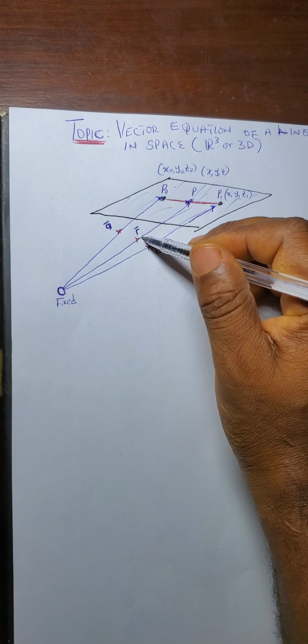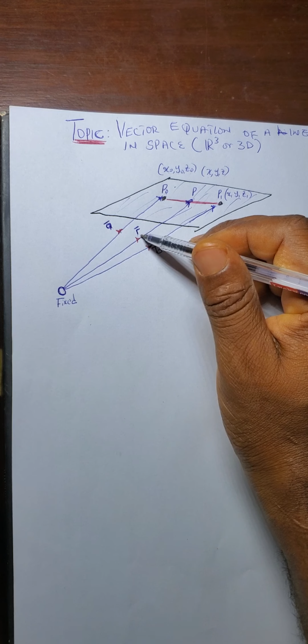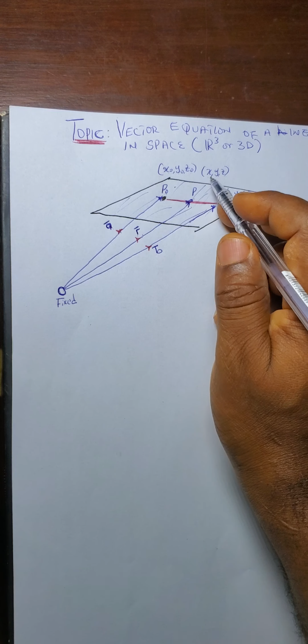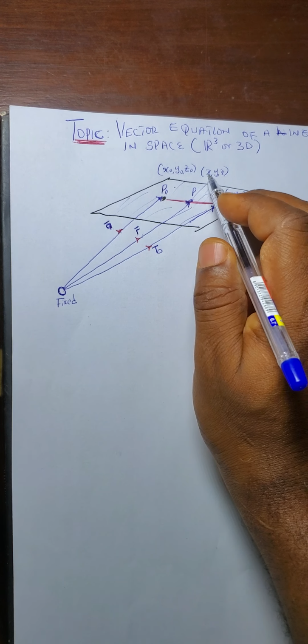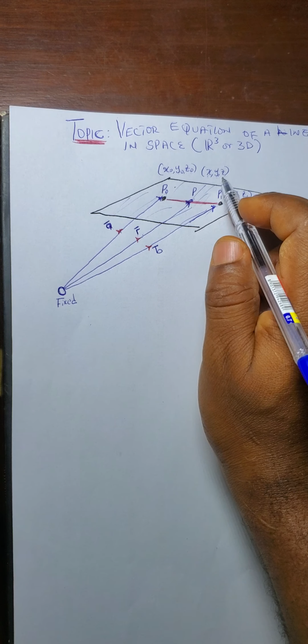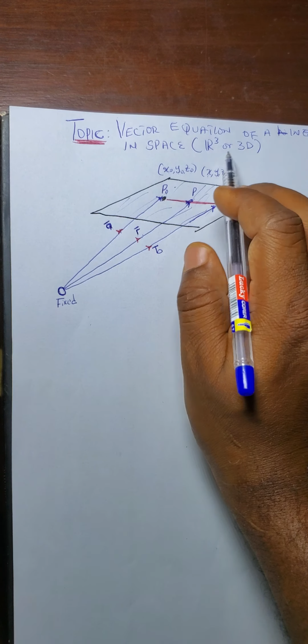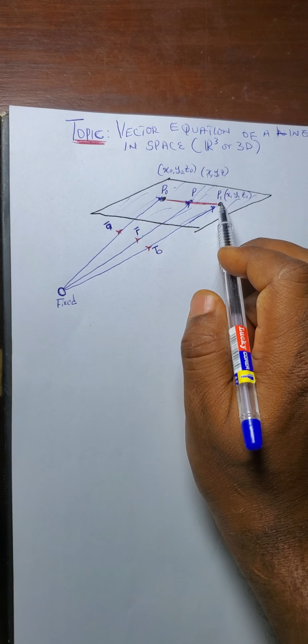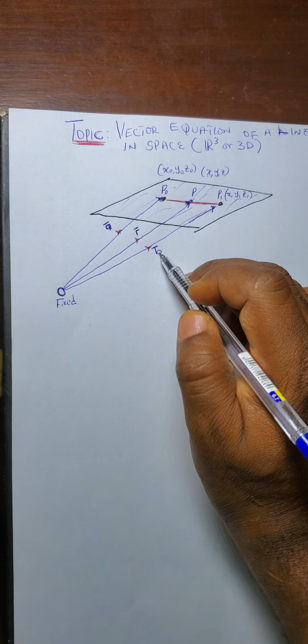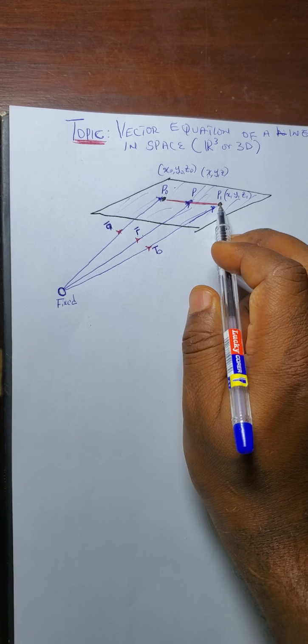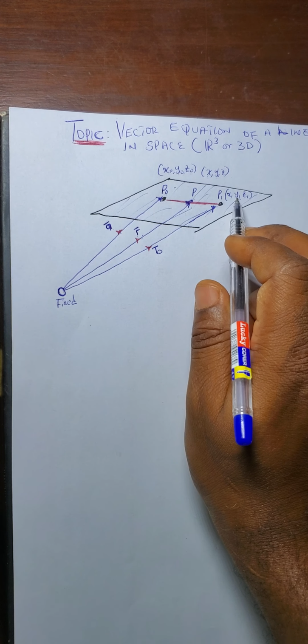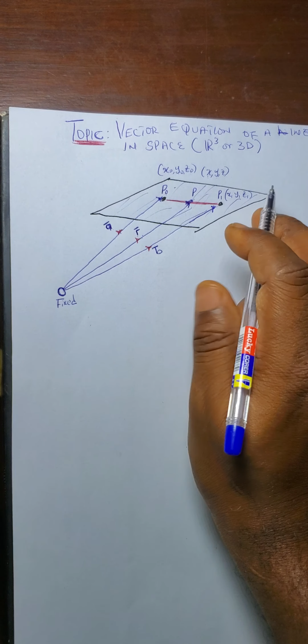That is the decomposition of this position vector R into x direction component, y direction component, and z direction component in what is called the 3D space system. The same thing with this particular position vector B. It's decomposed into x1 direction, y1 direction, and z1 direction.